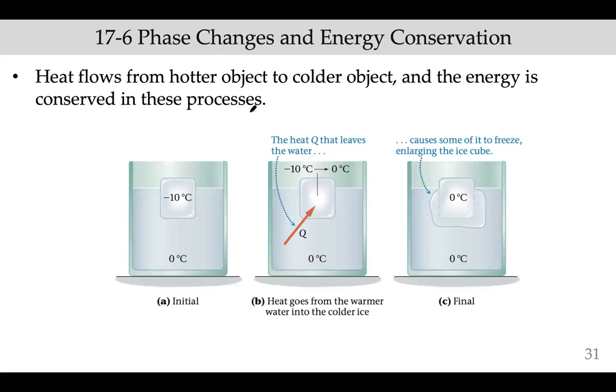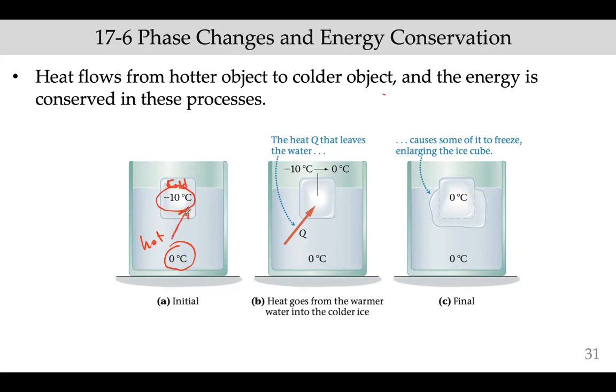Okay, so in phase changes, heat flows from the hotter object to the colder object, and the energy is conserved in these processes. So let's say you put ice at negative 10 degrees Celsius into water at 0 degrees Celsius. Now the water is hot in this case, ice is cold. What will happen?